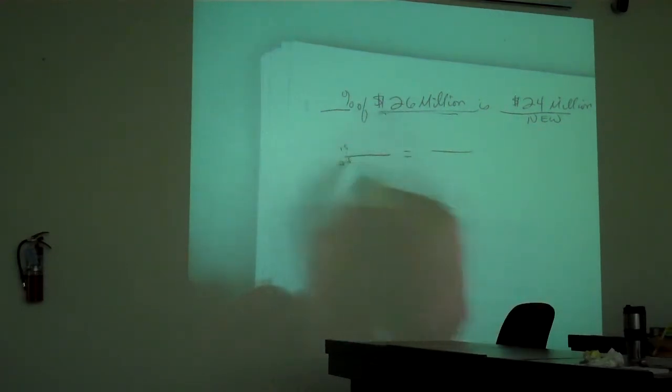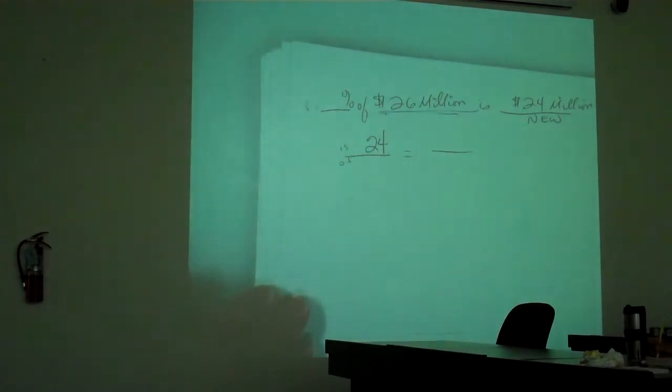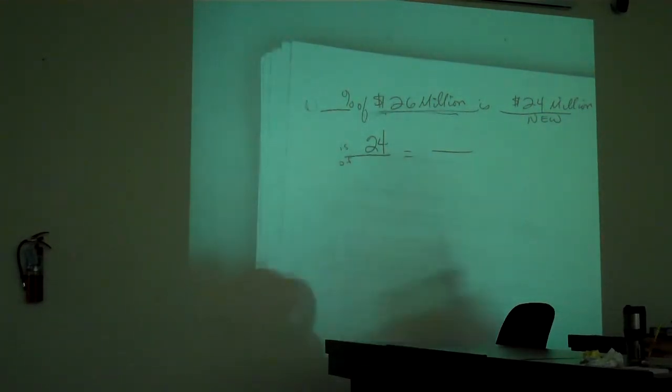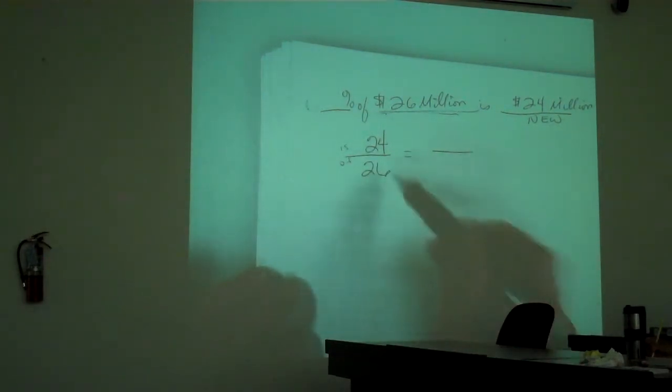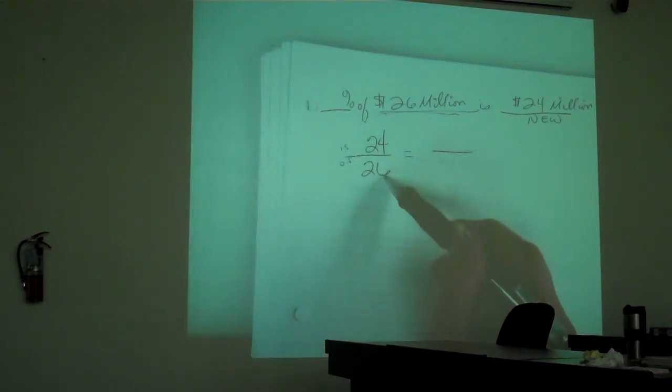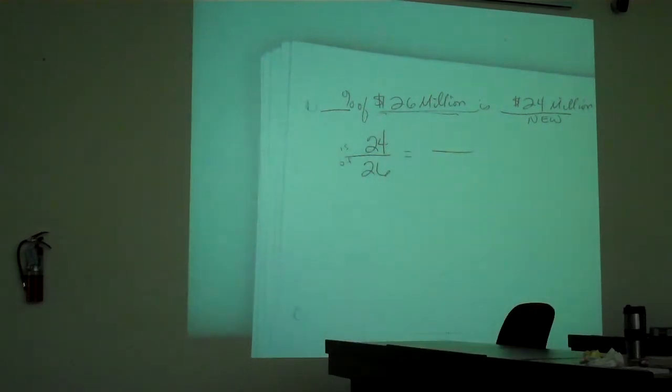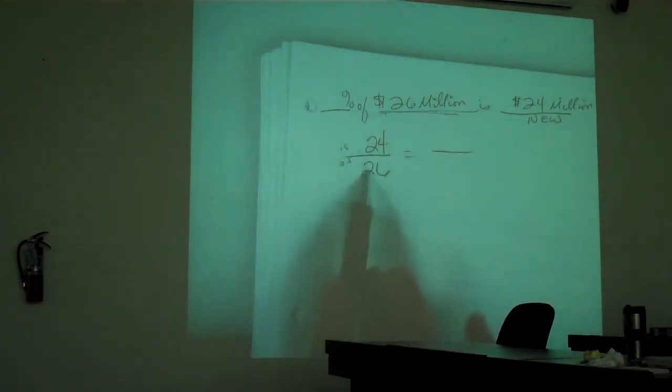Is over of, your is going to be your 24. If you just put 24 and not the million, that's okay. You put the 24 and the of is 26. And it's still going to come out as long as these are both the same. If one of them was 1,000 and one was million, you'd need to put all the zeros. But since it's like this, you can just put the numbers.